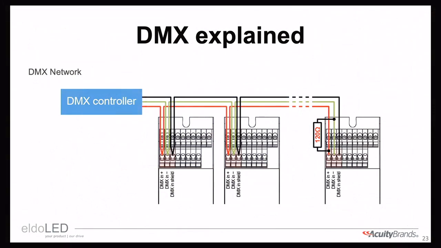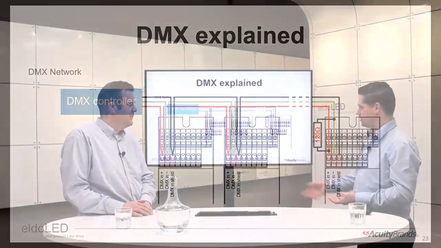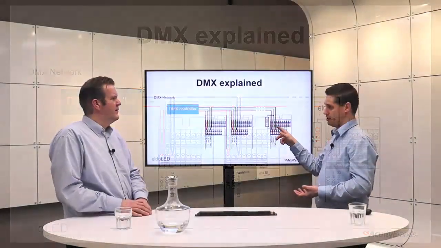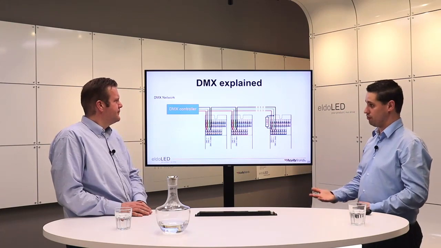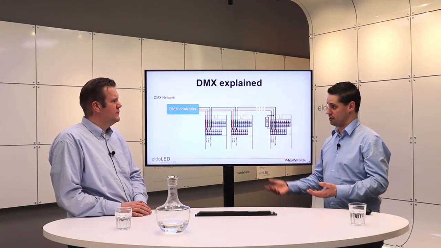So however this might look like you have T-taps on your line, you actually have one long piece of cable. And at the end, you put that 120 ohm resistor on the last luminaire in such a way that the line is properly terminated. And terminated means short circuit the line at the end between DMX positive and negative. That resistor is placed between the positive and the negative terminal to avoid that reflection in the cable.